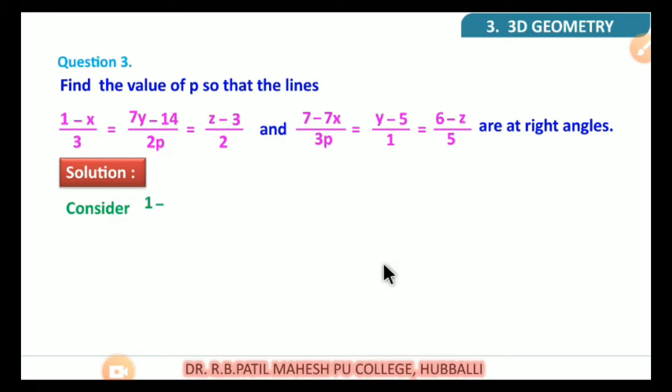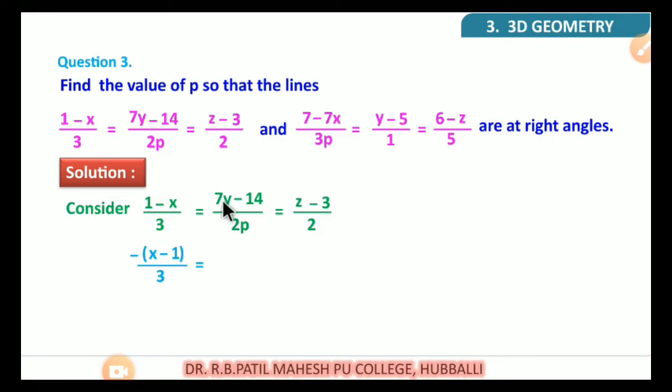Consider (1 - x)/3 = (7y - 14)/2p = (z - 3)/2. See students, x should be in the first place, it should be positive. So we have to take minus common. So it becomes -(x - 1)/3. Similarly, here we should have the y - y1 form.